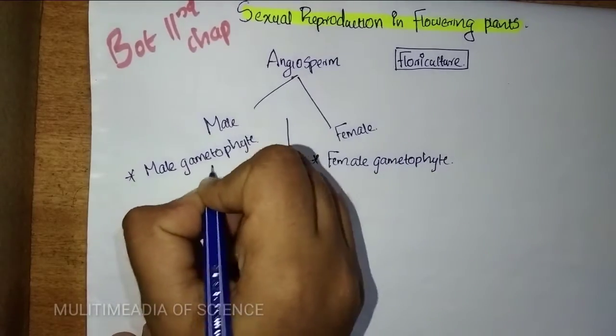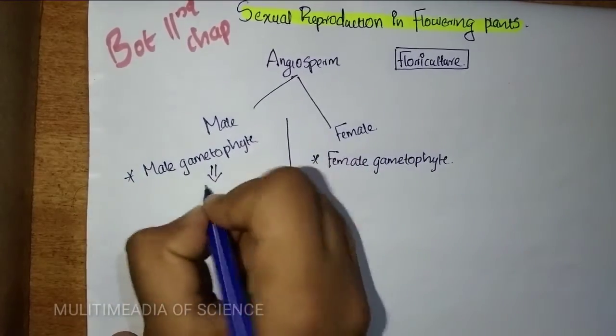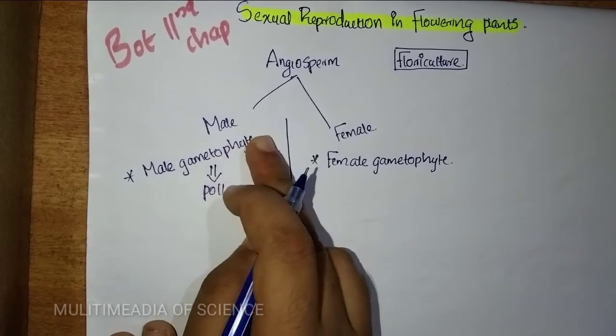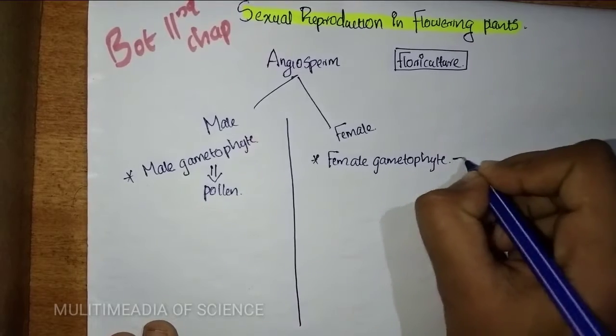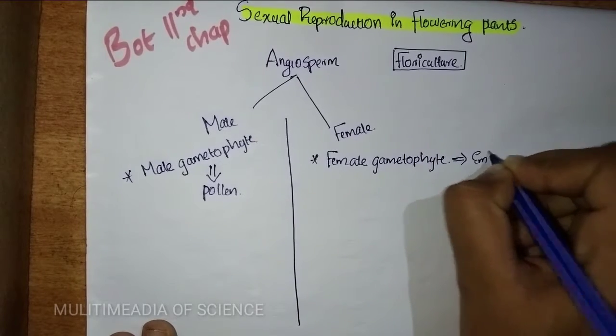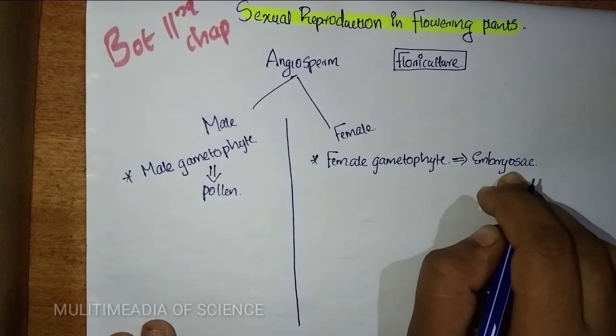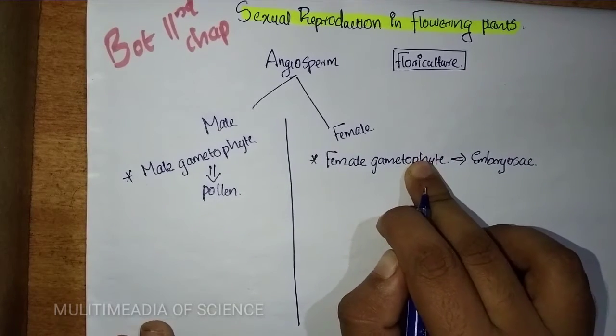Male gametophyte means pollen. The pollen is otherwise called the male gametophyte. The female gametophyte is the embryo sac. The embryo sac is otherwise known as the female gametophyte.